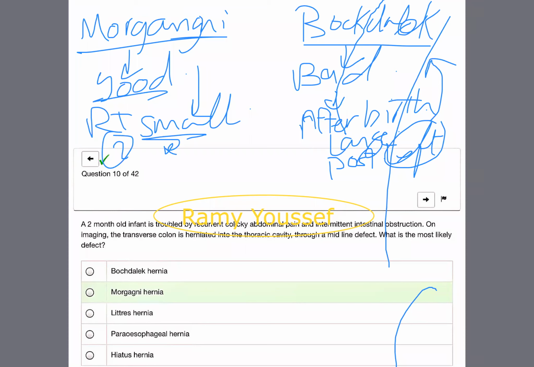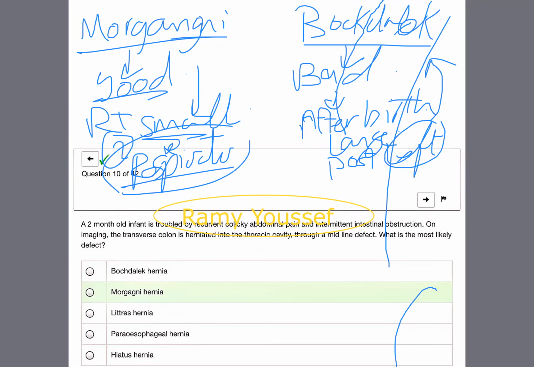So Morgagni is a small hernia, and so it presents late after 2-3 months, and also there are no respiratory problems with Morgagni, just some sort of intestinal obstruction.